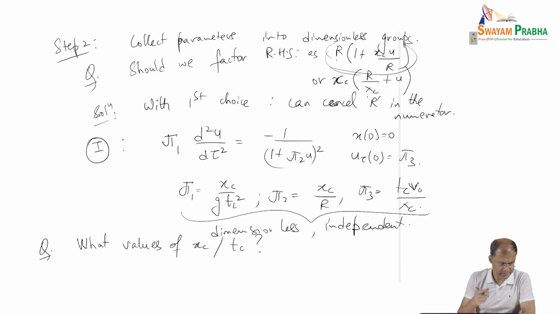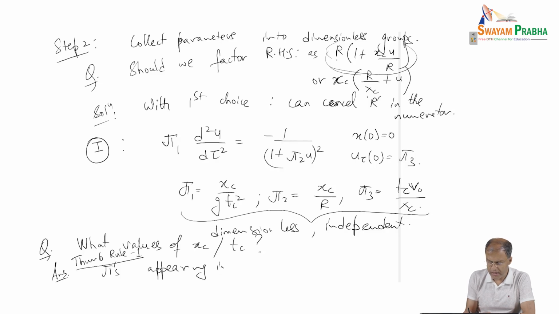Right? So the answer to this question lies in the fact that we are going to define some thumb rules. So thumb rule 1 is that the pi's appearing in initial and boundary conditions are set equal to 1.